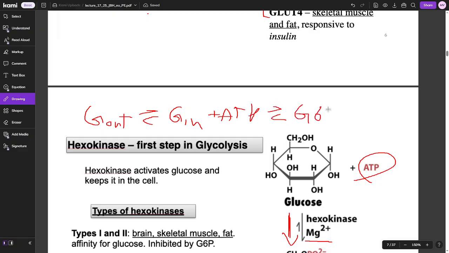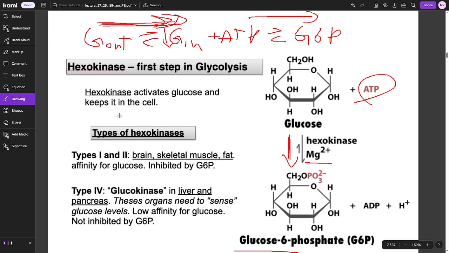As we make more G6P, the glucose inside the cell goes down, and then more glucose from outside the cell shifts this way. Basically it's an equilibrium. Because we are making G6P, you're decreasing the concentration of glucose inside the cell, glucose, not glucose 6-phosphate. And because you're decreasing this concentration, there's a bigger driving force for glucose to come into the cell.